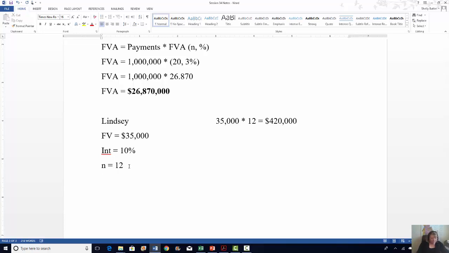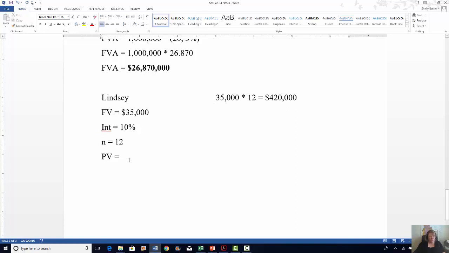So now we're looking for the present value because we know the future payments. Here are the $35,000 payments.